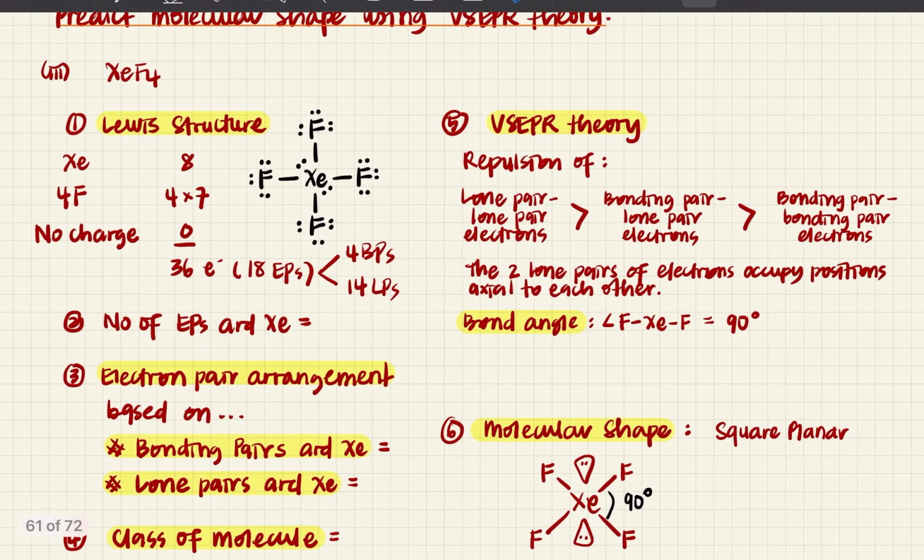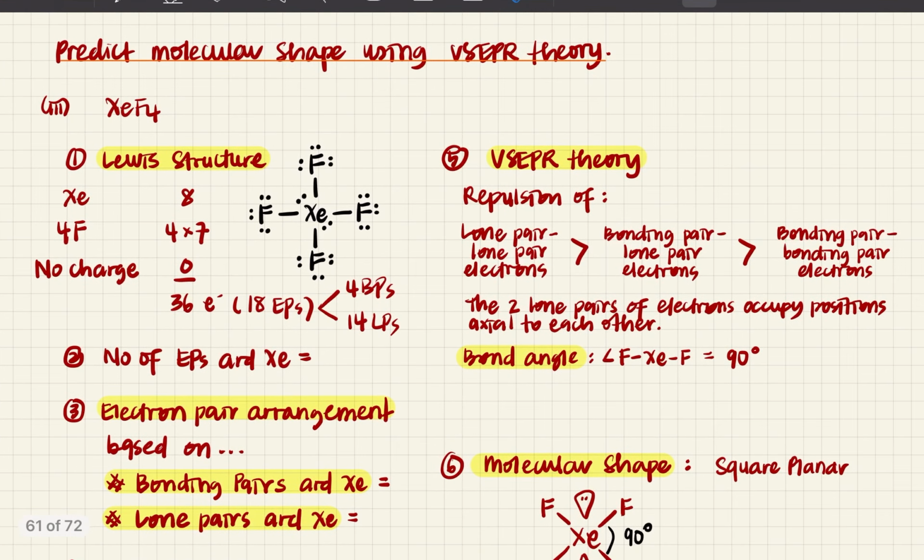Finally, we are going to look at the molecule XeF4. As usual, you start with the Lewis structure, and here is the Lewis structure. If you look closely at your xenon, you have 2 lone pairs and 4 bonding pairs. Write that down. The number of electron pairs around xenon will be 6.